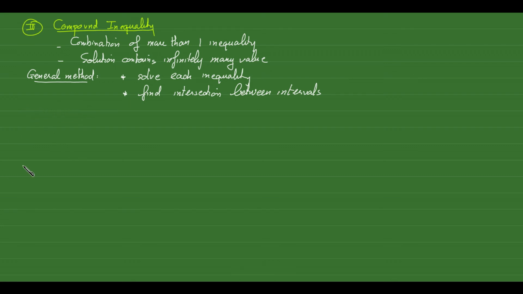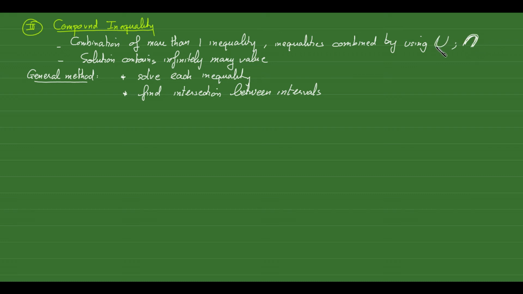I want to add a little bit more. Because it's a combination of more than one inequality, how do they combine it? They combine the inequalities by using intersection or union.